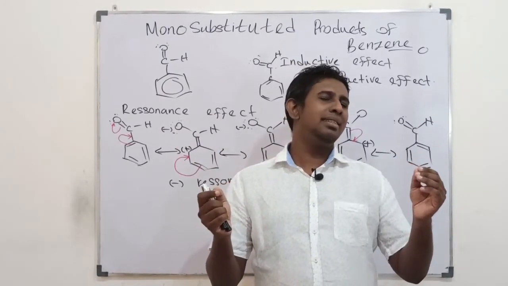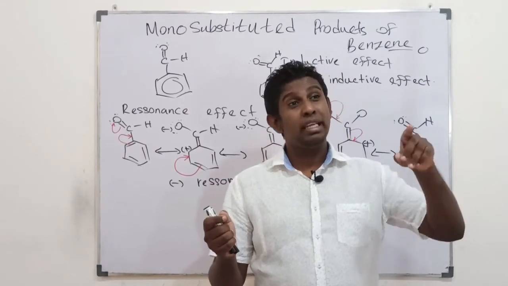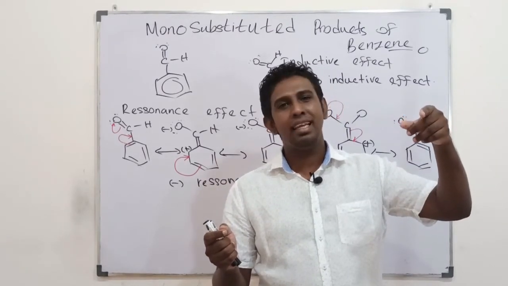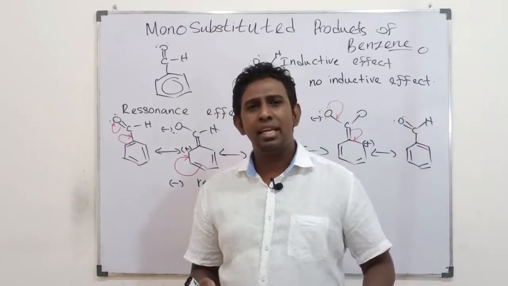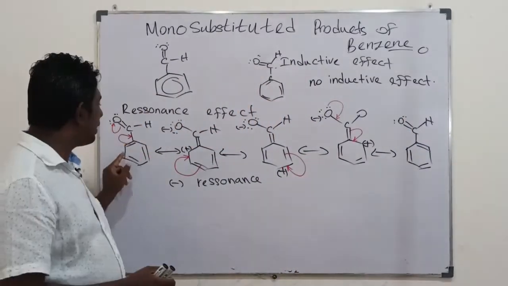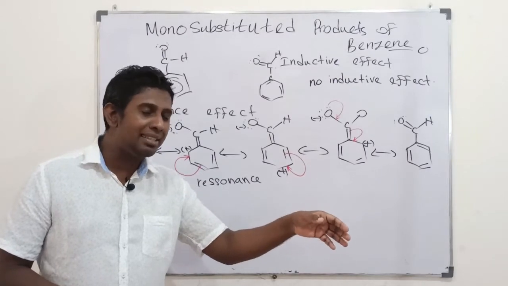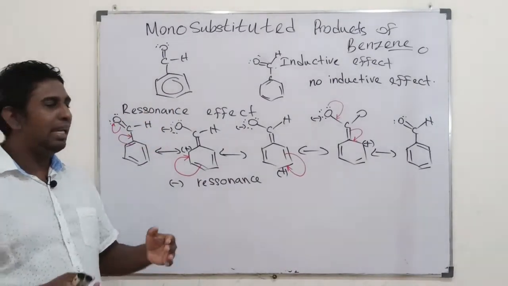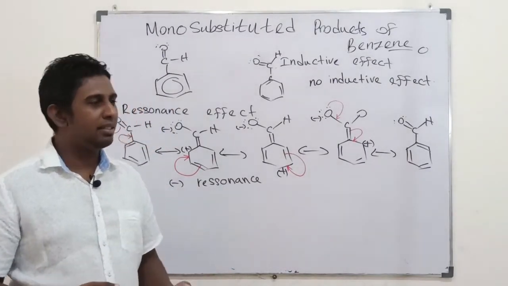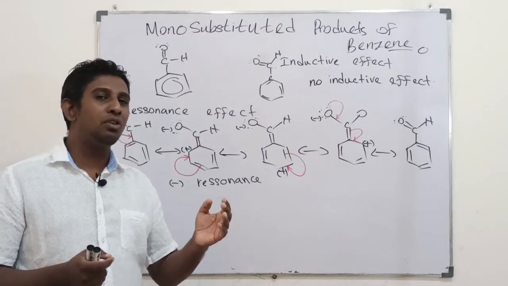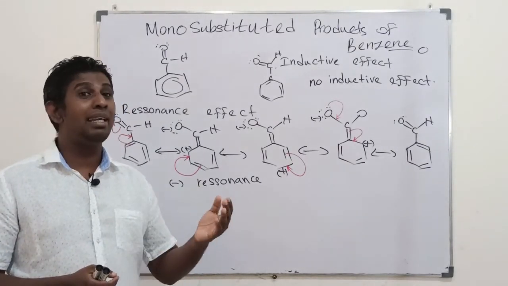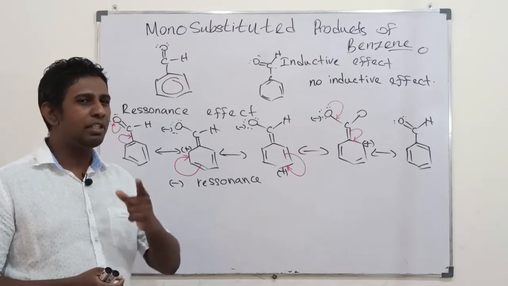So now our concern is where those electrophiles would more likely get attached. Are all 5 positions equally attacked, or is it different, meaning one position or a few positions are more likely attacked while others are not? Okay, let's find it out.